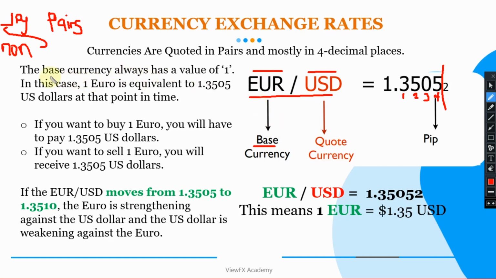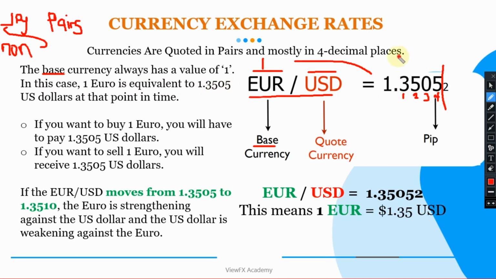Now, there's something you need to know. This base currency, such as euro in this example, always has a value of 1. So 1 euro is equivalent to this USD, as you can see here.